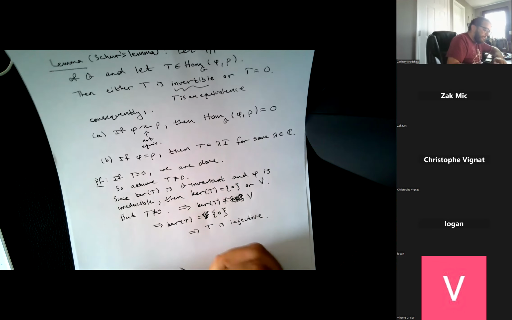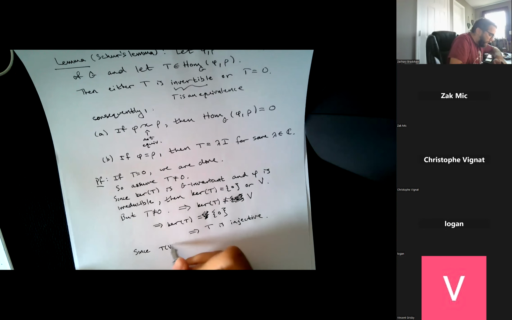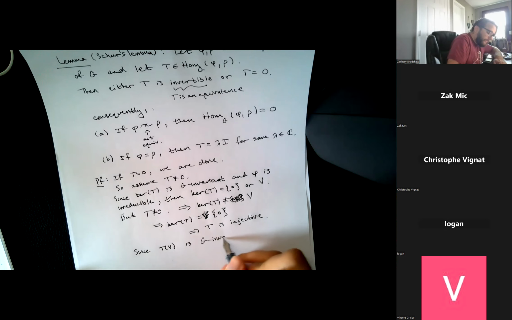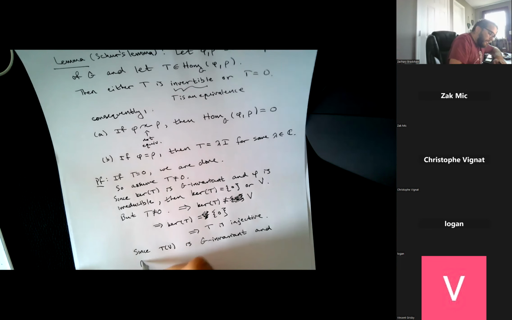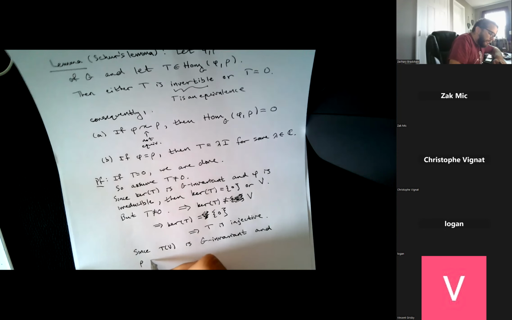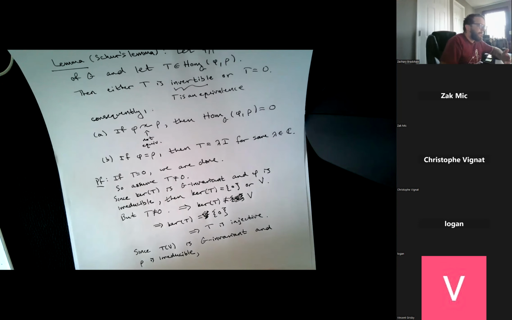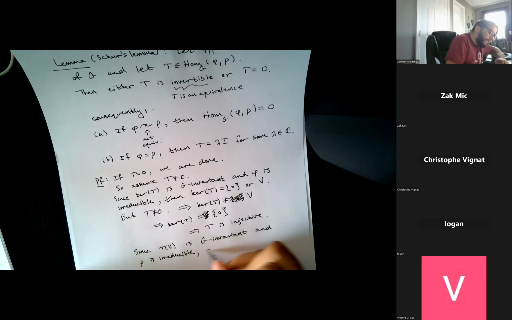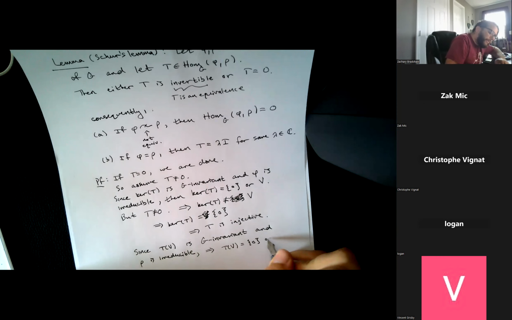The other thing we showed earlier is that the image of T is also G invariant, and since we're assuming that rho is irreducible, that means that the only invariant subspaces of W are 0 and all of W. And so that implies that T of V is either 0 or W.